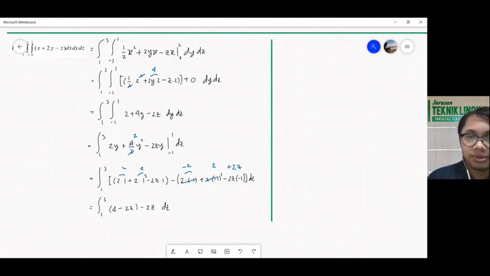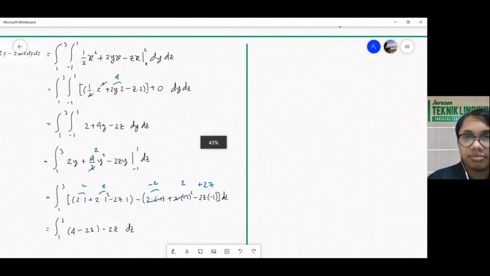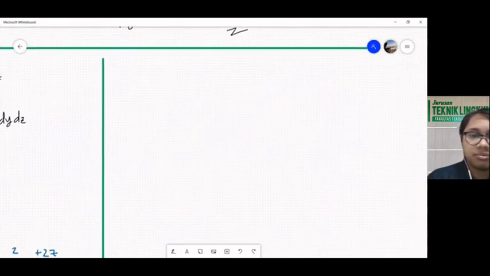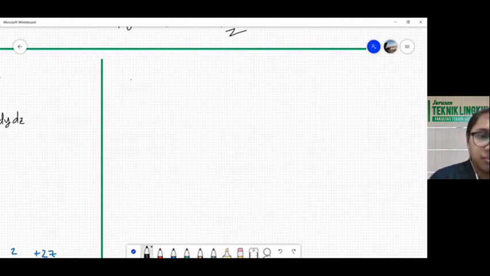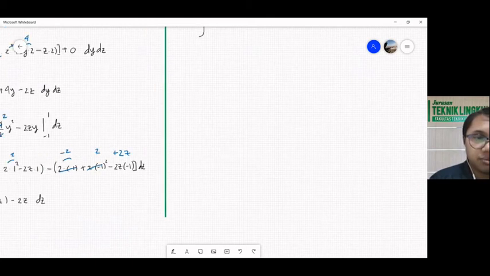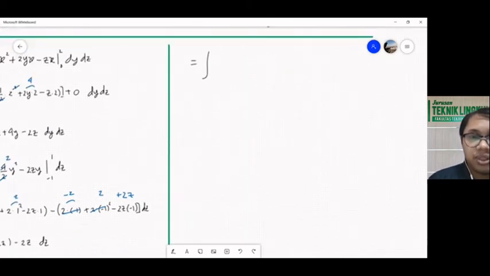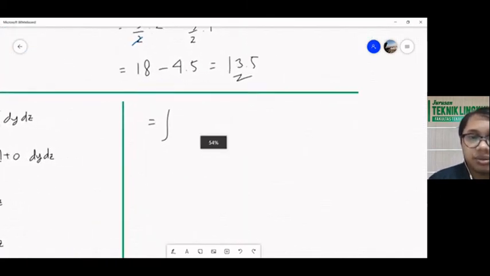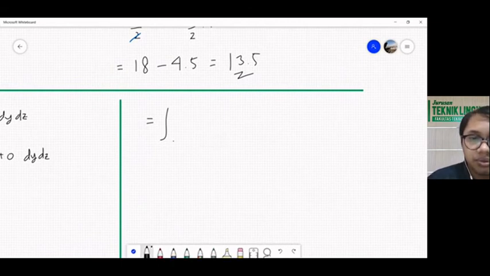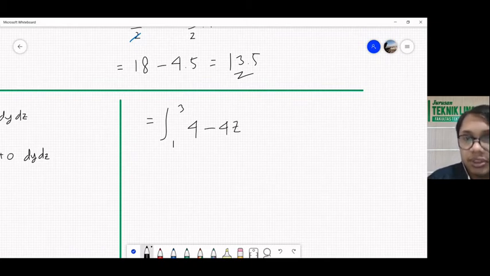Okay, then it becomes, with limits 1 and 3, 4 minus 4z dz.